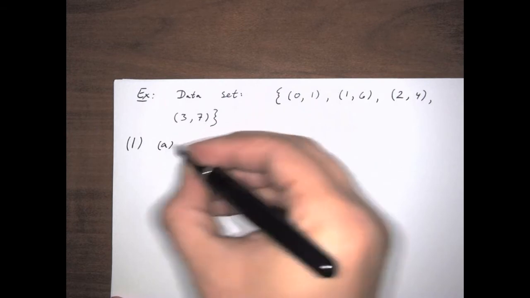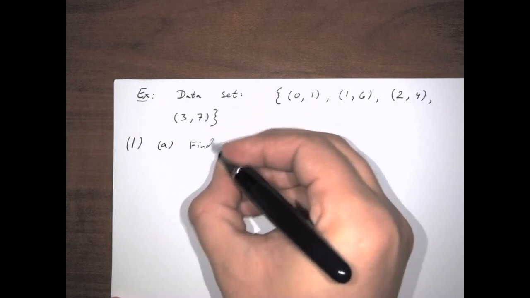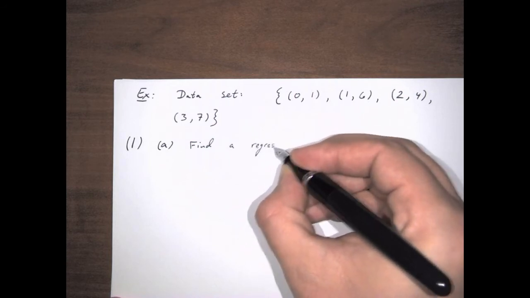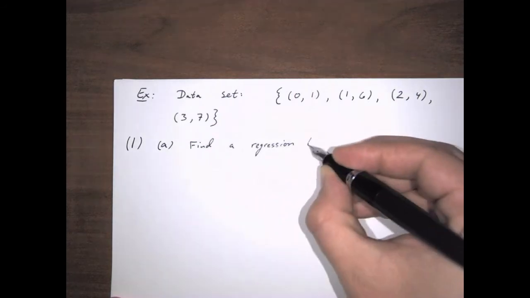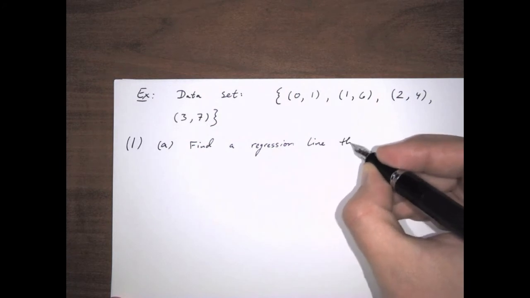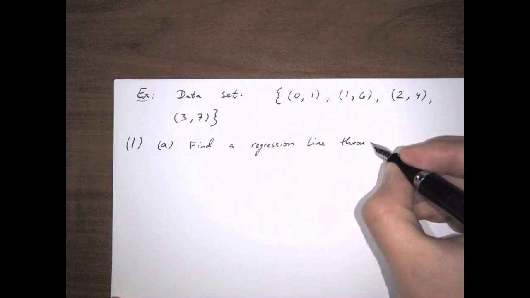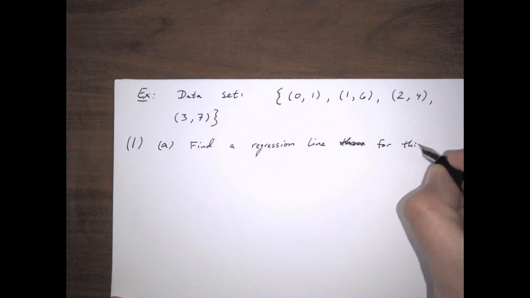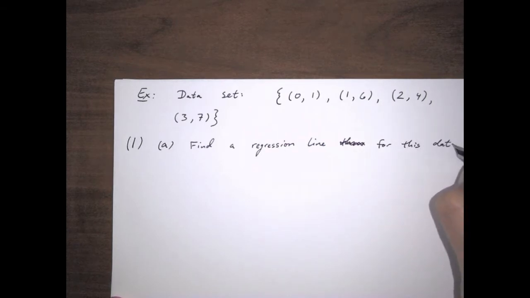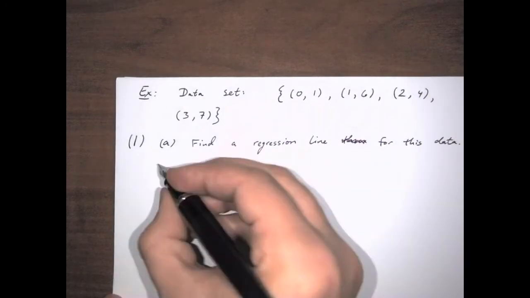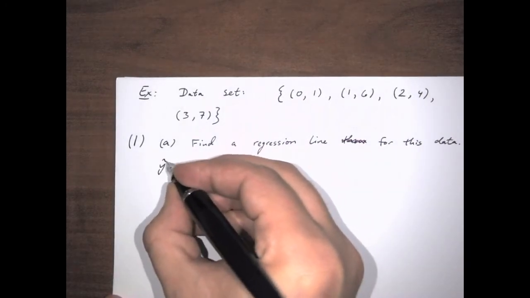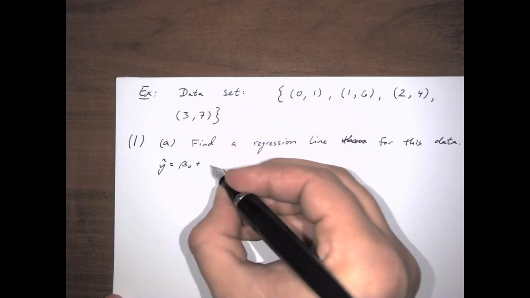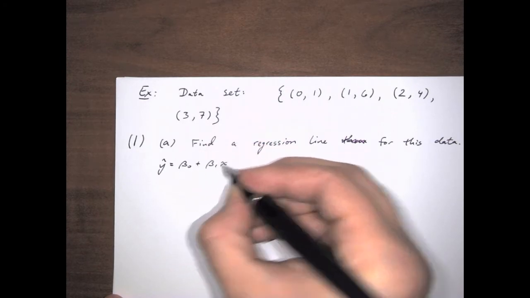1a. Find a regression line, not through exactly this data. So in other words, we're talking about a line, so that means that y will be of the form beta naught plus beta 1 x.